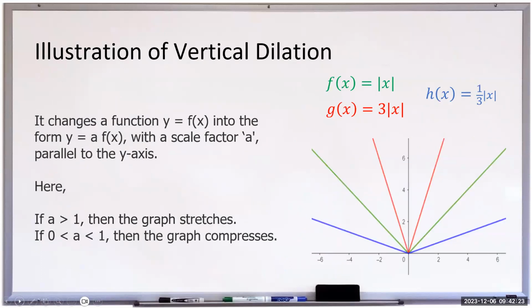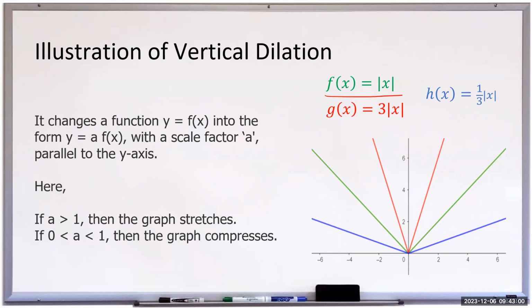For the vertical dilation, referring to the three graphs shown on your screen, f of x is equal to the absolute value of x, our parent function, the green graph. And we have here two transformed functions, the red and the blue. For the red one, that is 3 times the absolute value of x. So essentially, this is 3 times your original parent function. And for the blue graph, it is 1/3 times absolute value of x, or that is 1/3 times your parent function.